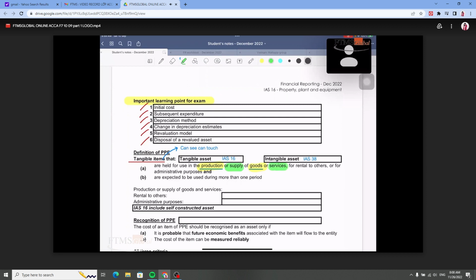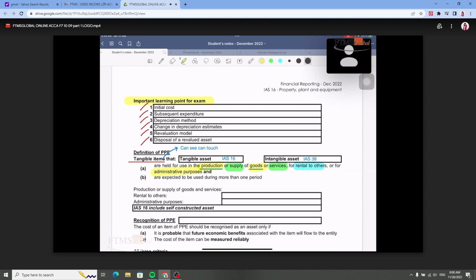Then next I have something called rent to others. And the last one is administrative purpose. So three categories here: produce or supply of goods and services, rent to others, and administrative purposes.